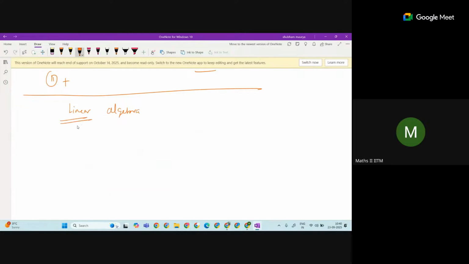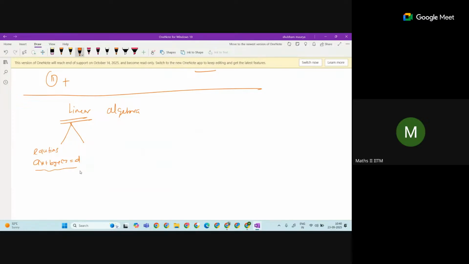Because here, in most of the things, you will see functions, and also equations. Equations generally in this form: ax plus by plus cz is equal to d. These types of equations are called linear equations.